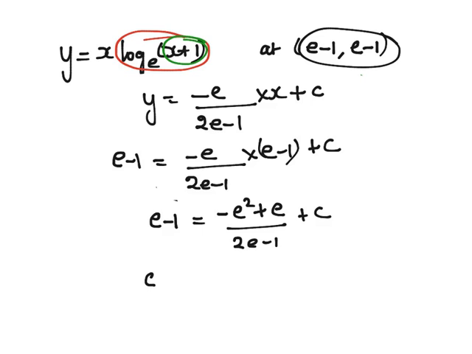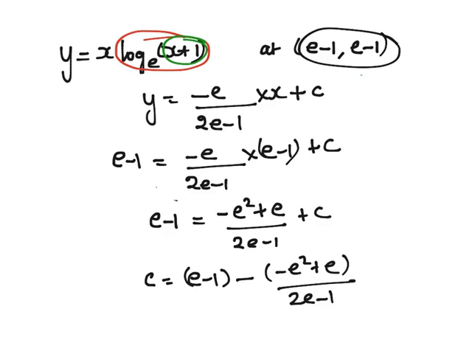So c will be nothing but e minus 1 minus of minus e squared plus e by 2e minus 1.